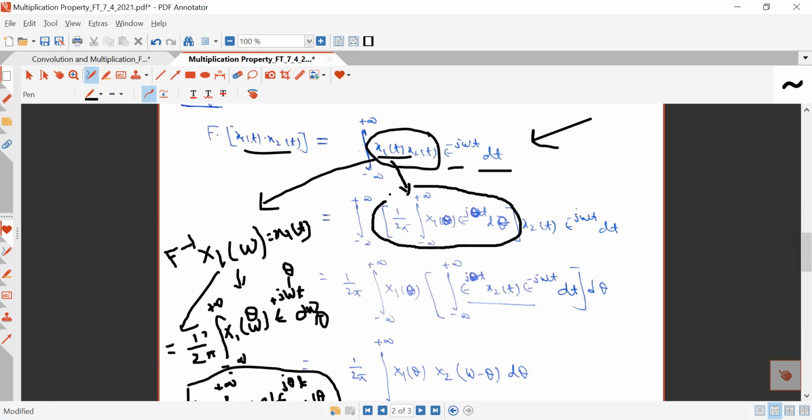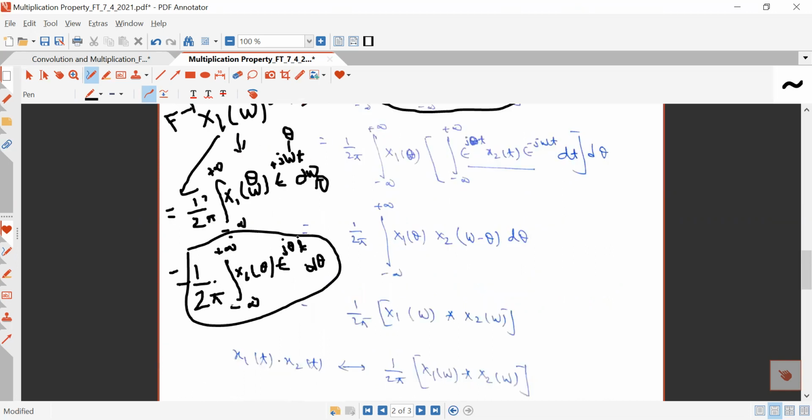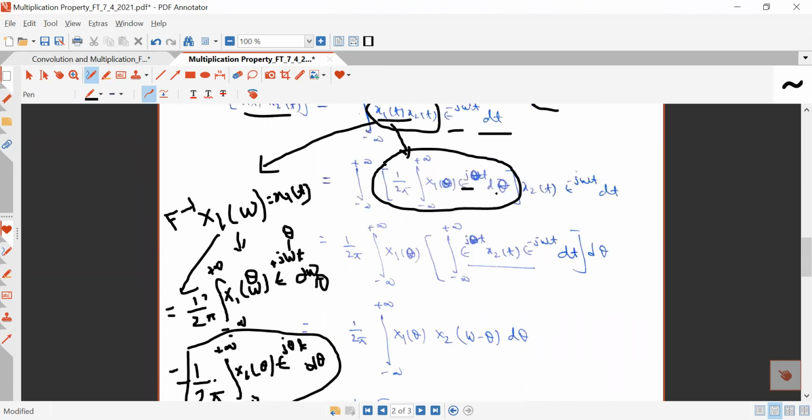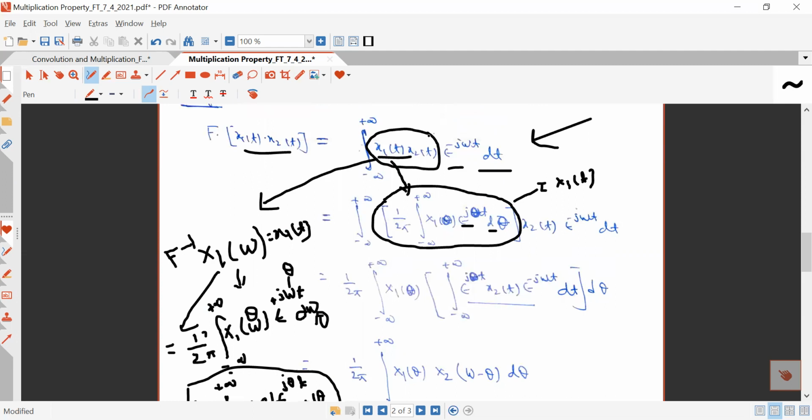This is x1t. And then you will have to write x2t. So x2t is here, then e to the power minus j omega t, and then dt.